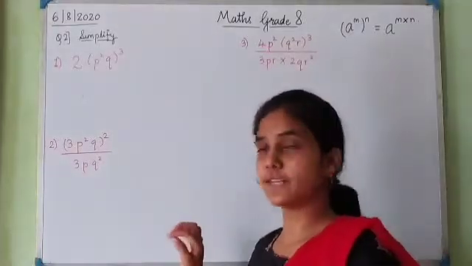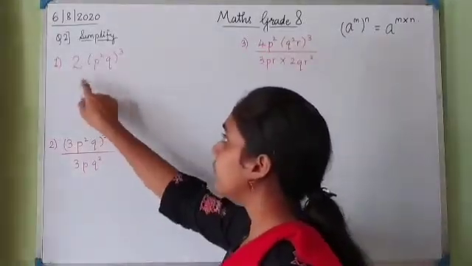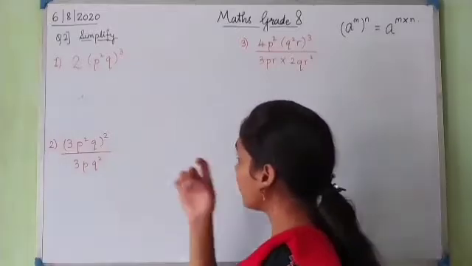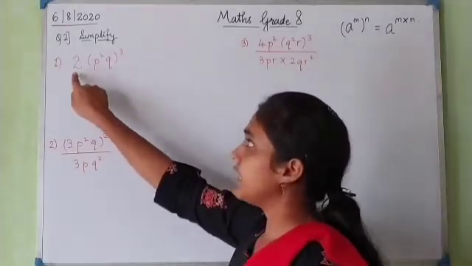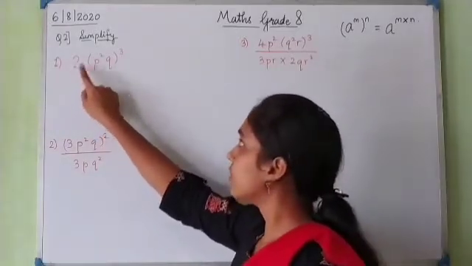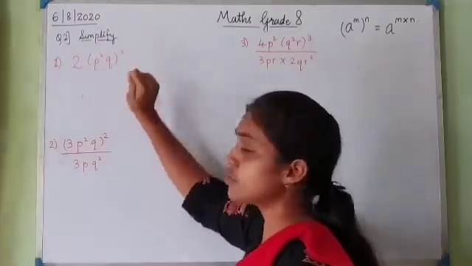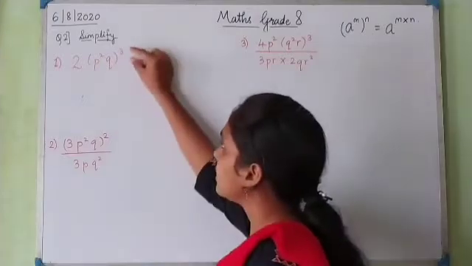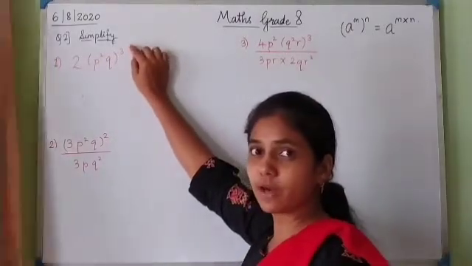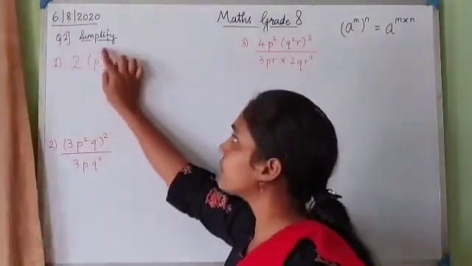Second question is again simplification. So let's see the first example. In the first example, you can see the question is 2 bracket p square cube, the whole raised to 3. This cube, the power 3, is only for this bracket.